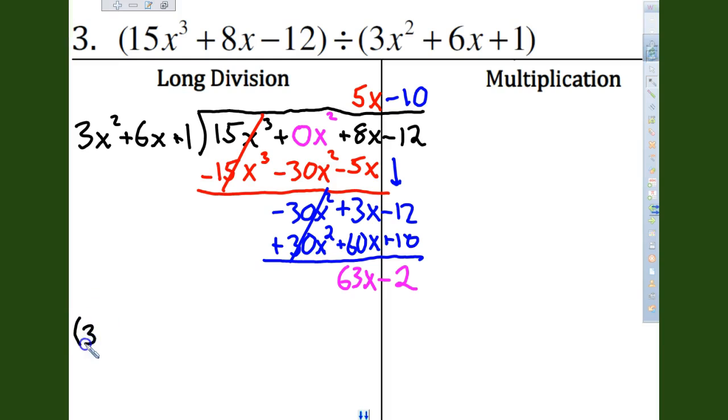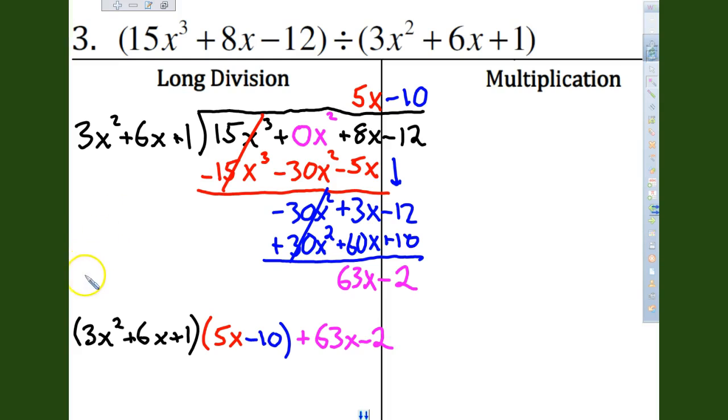All right, but do write your answer. I haven't written an answer yet, we did the work. So divisor times the quotient and plus the remainder. I won't do the check here, but you can verify.